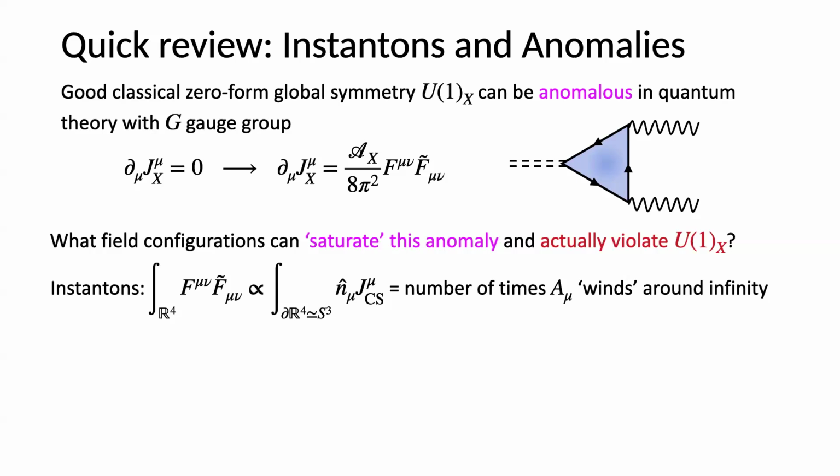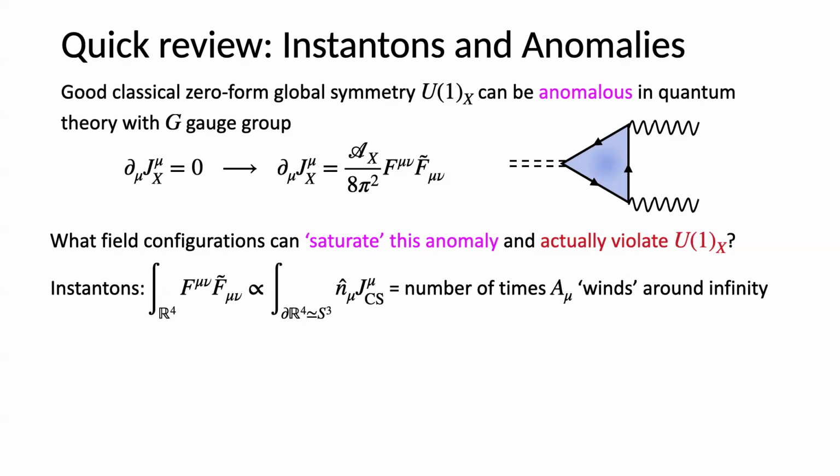Well, you may recognize that this F F-tilde term is in fact a boundary term in the gauge theory that is nothing other than counting the number of times that the gauge field winds around Euclidean infinity. It's a topological invariant of the field configuration. Non-trivial gauge field configurations with a non-vanishing such term are called instantons in gauge theory, to remind you.